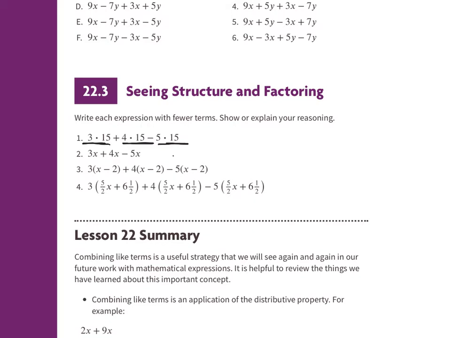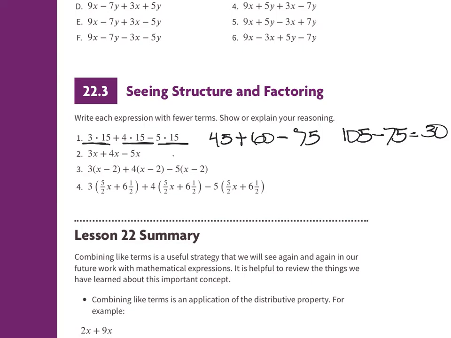So 3 times 15 is 45, plus 4 times 15 is 60, minus 5 times 15 is 75. Okay, so now they just have plus and minus, so we're just going to go 45 plus 60 is 105, minus 75 is going to give us 30.